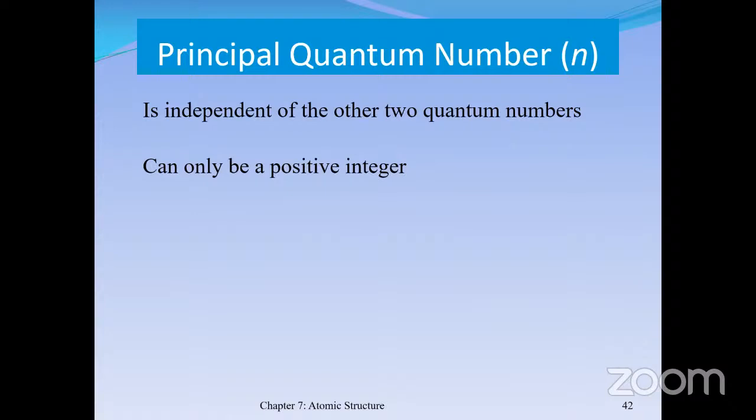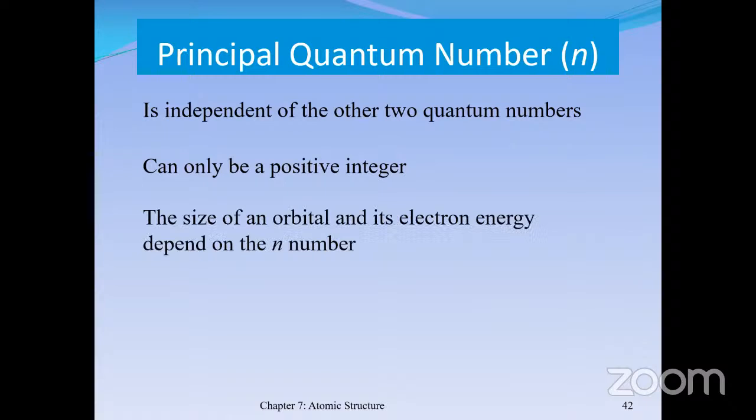We call those the principal quantum numbers, all right? This value of n is related to a couple of things. It's related to the size of the orbital, and it's also related to the electron energy value, right? So it's similar to what n represents in terms of the energy values in the Bohr model.